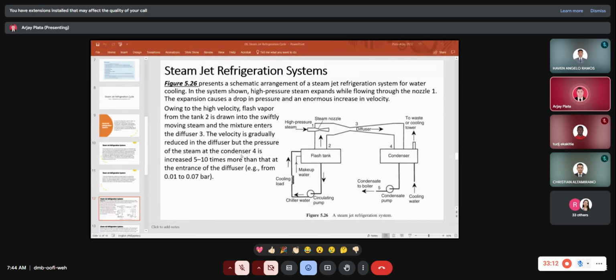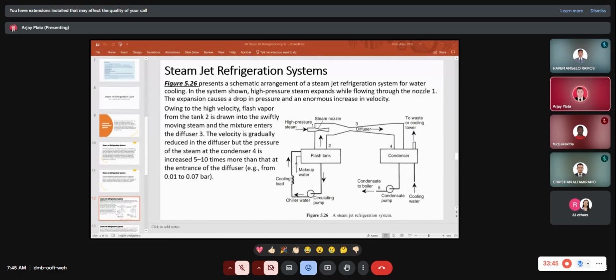So owing to the high velocity, the vapor that evaporates here because of the low boiling point, due to the pressure drop here, is what we call the flash steam. So flash vapor from the tank 2, this is the flash tank, is drawn by swiftly moving steam and the mixture enters the diffuser 3.